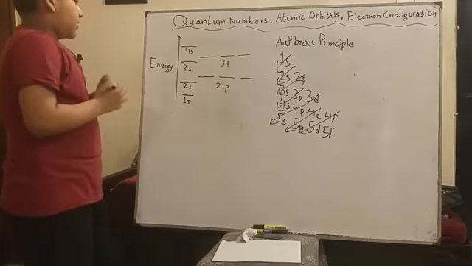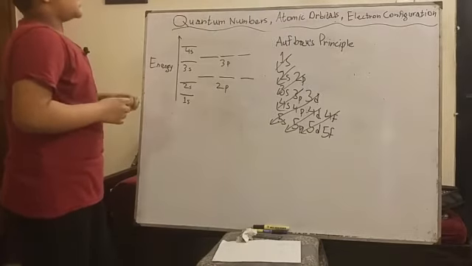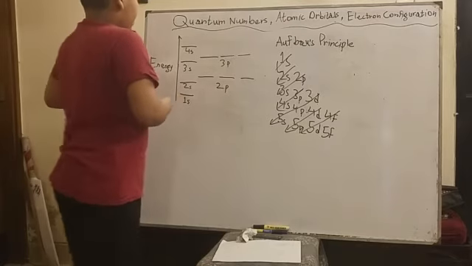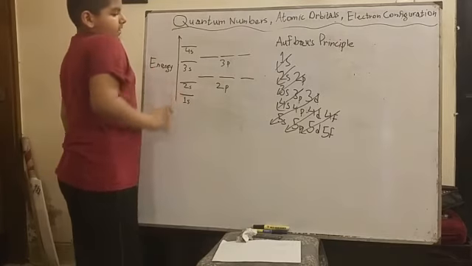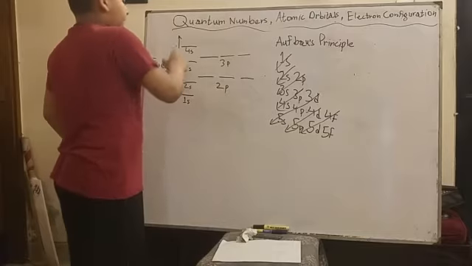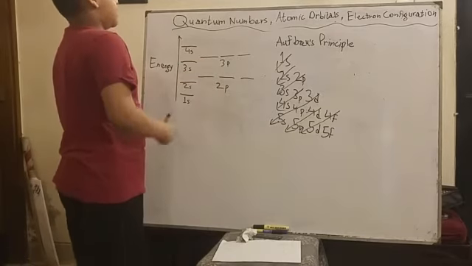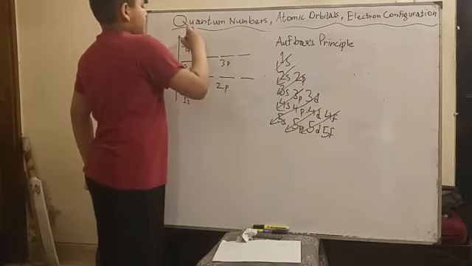So from this energy diagram, we need to know about Hund's rule, which is that you have to fill the positive spin before the negative spin. So half first, then the other half. So it won't be like this.